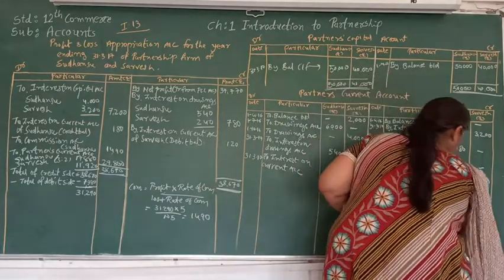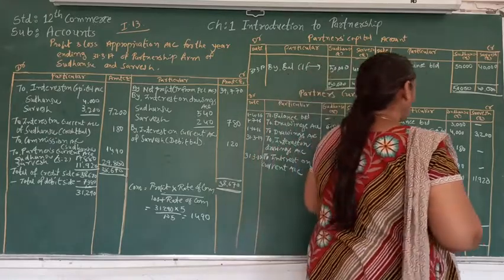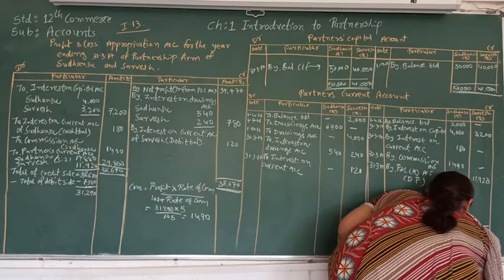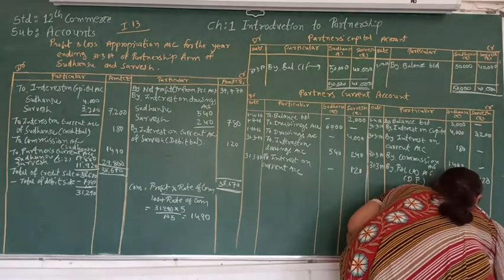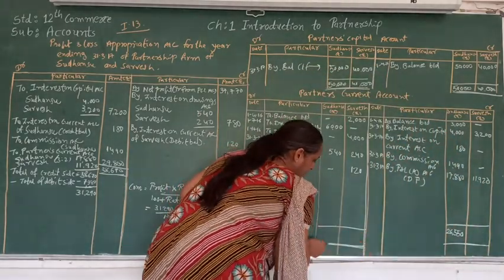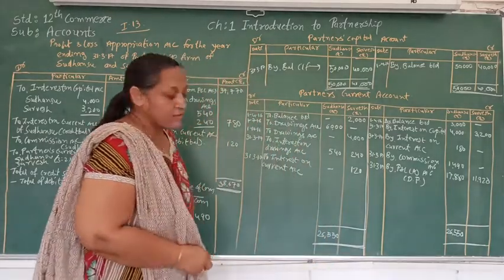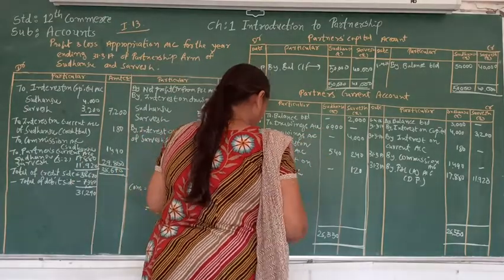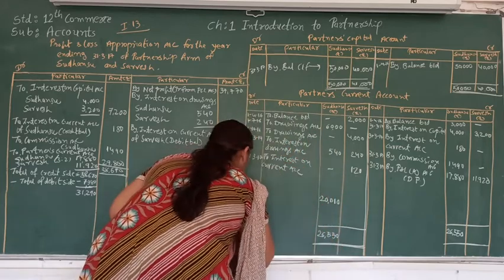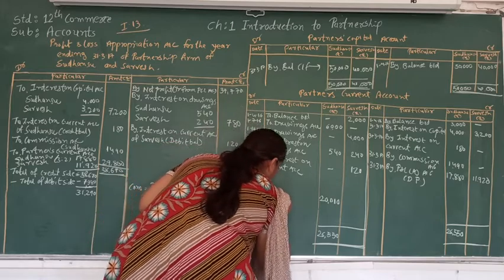So here, let's take the total of this. 3,000, 4,000, 180, 1,490 and 17,880. So total of that will be 26,550. This 26,550 we are going to take to the debit side. From 26,550, if we deduct 6,540, that will be 20,010. So this is the balance of current account 31st 3/17 balance carried forward.